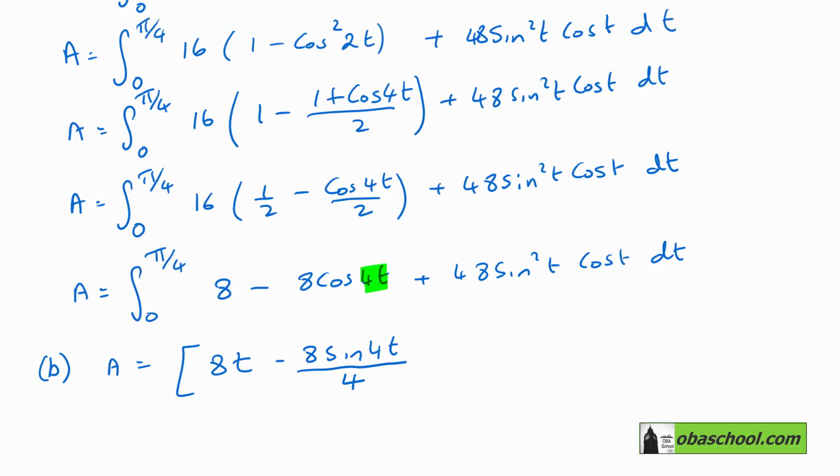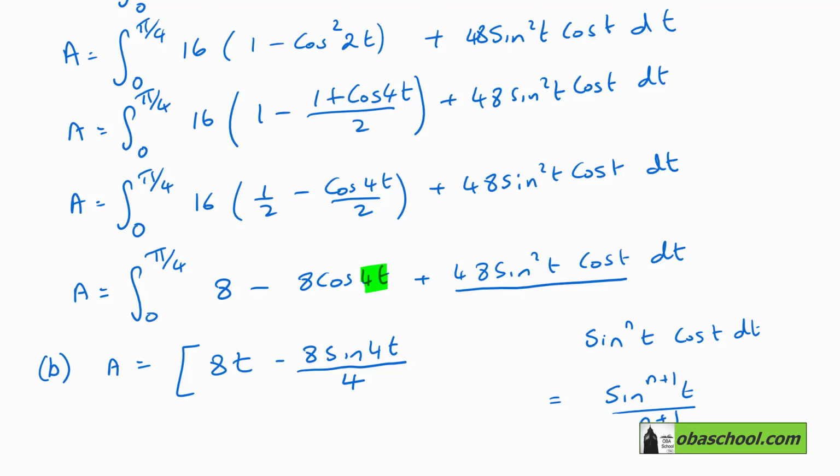And then for this one here, we have an integral of the form integral of sine to the n t cos t dt. And when we do that, it's going to be sine n plus 1 t divided by n plus 1.